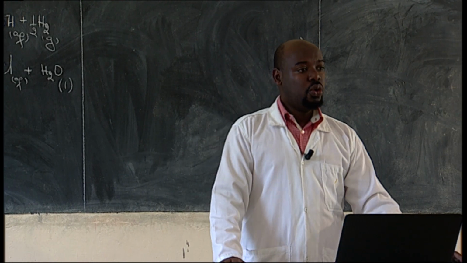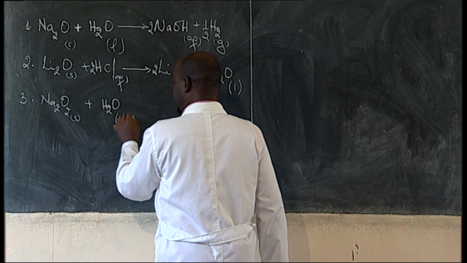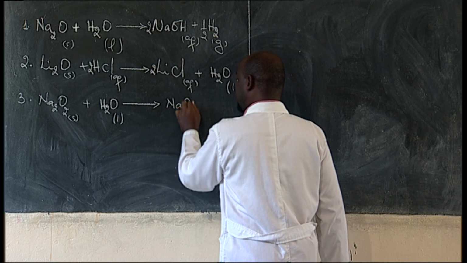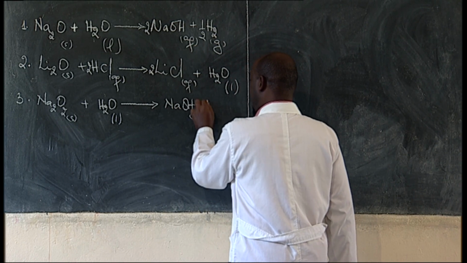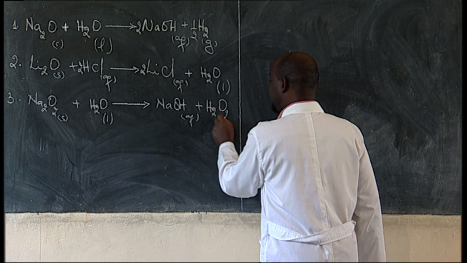Now let us go to equation number 3. Sodium peroxide reacting with water. We know that when the peroxides react with water, we produce sodium hydroxide, and we do not produce water, but we produce hydrogen peroxide.